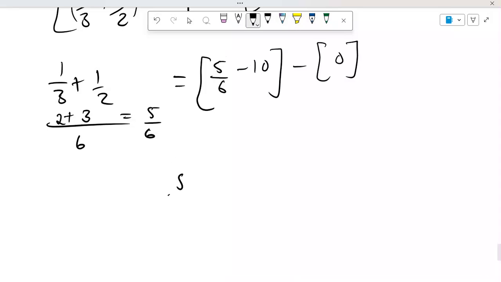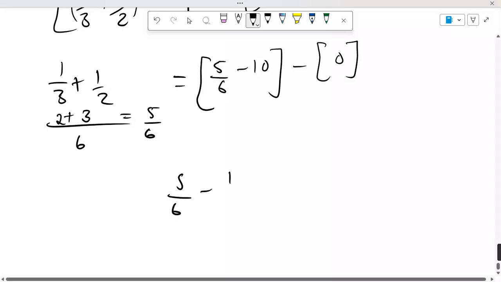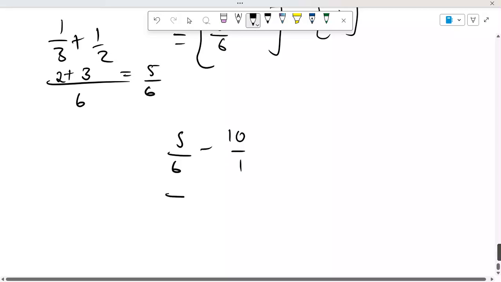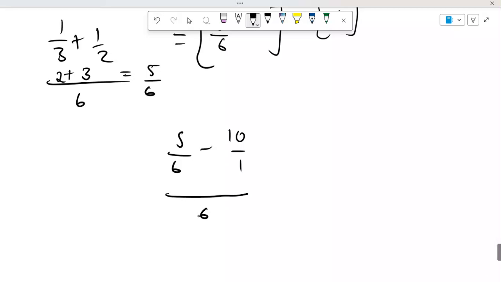Next, let's subtract this. You have 5 over 6 minus 10, so this is over 1. For the common denominator, 6 multiplied by 1 is 6. 6 into 6 is 1, 1 multiplied by 5 is 5, minus 1 into 6 is 6, 6 times 10 is 60. So 5 minus 60 is negative 55 over 6.